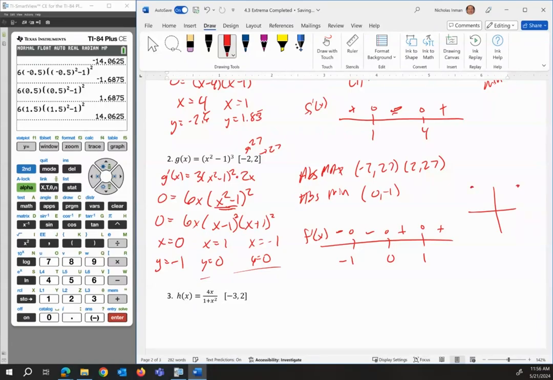So the general idea, our function had these values, -27, 27, 0, -1, -1, 0, 1, 0. So I know that these were my maxes. That's easy. But from here to here, the graph was decreasing. The slope was negative.